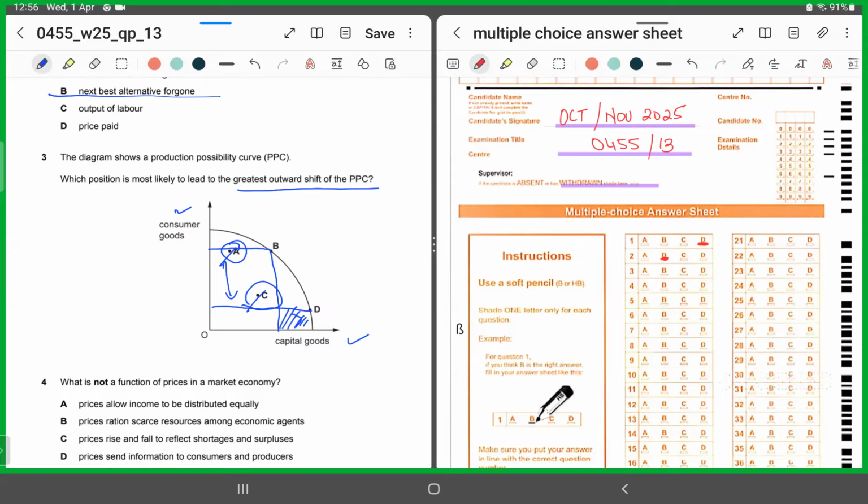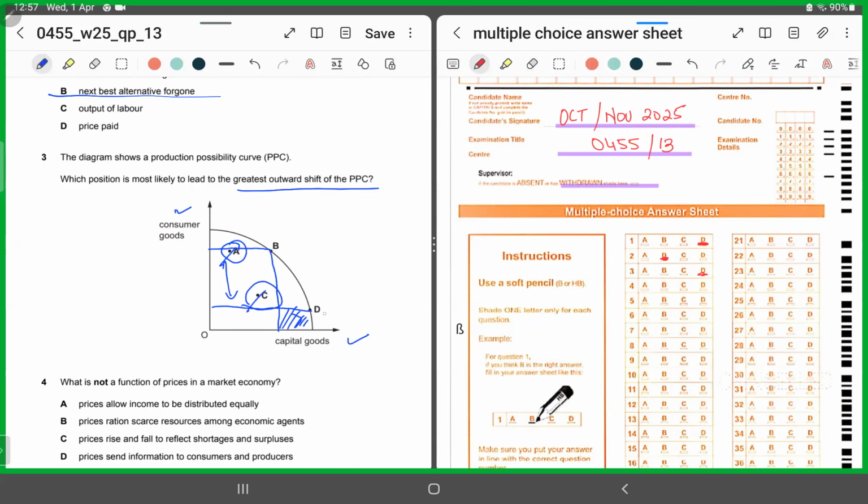Hence, we'll opt for option D. I wanted to explain the logic behind choosing D, not answer this for the sake of answering, but to understand it as well. So for MCQ number 3, D is the correct answer.